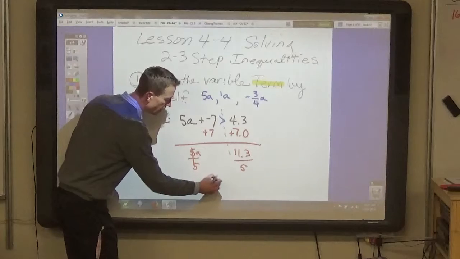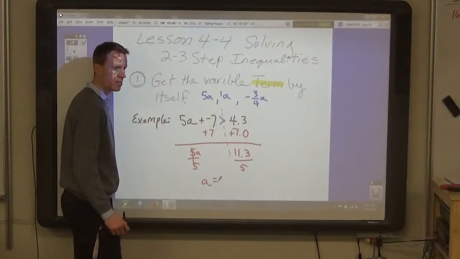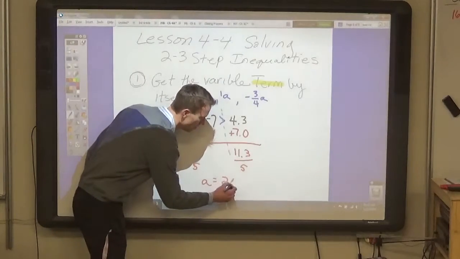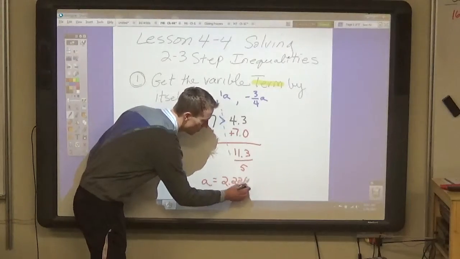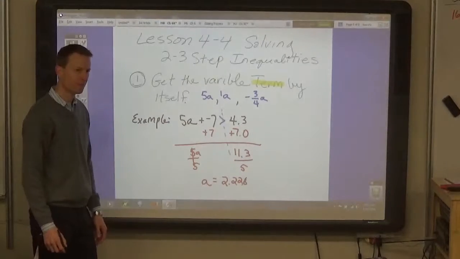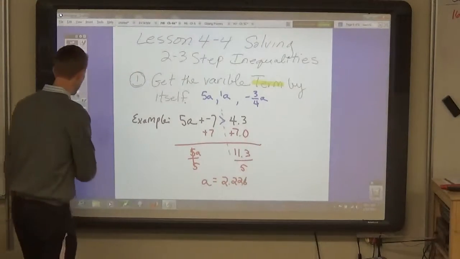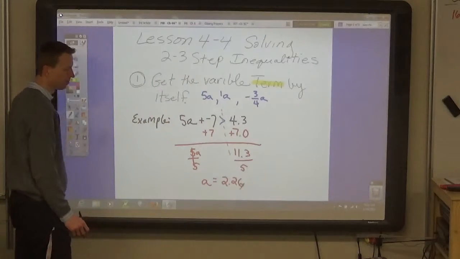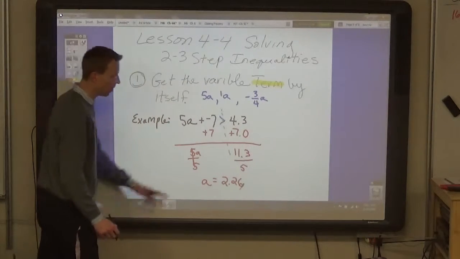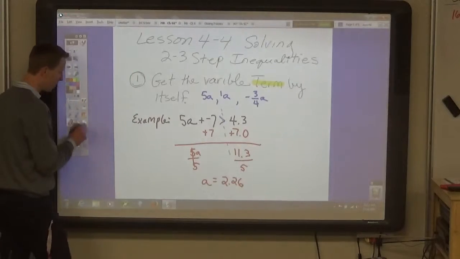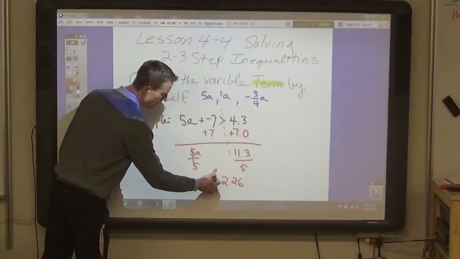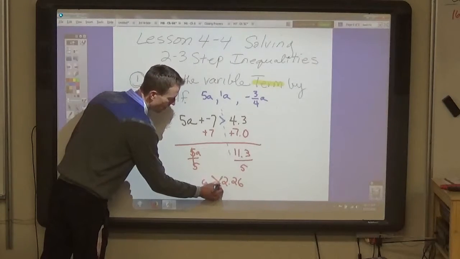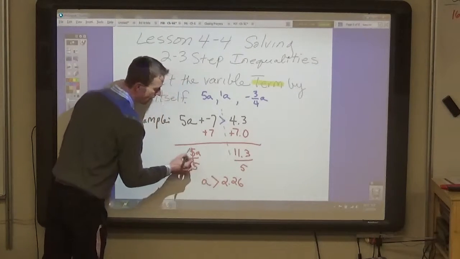And so a is 2.2. Good. Now, are we solving an equation or an inequality? It's still a is greater than.